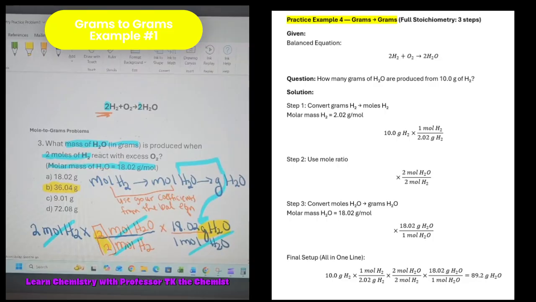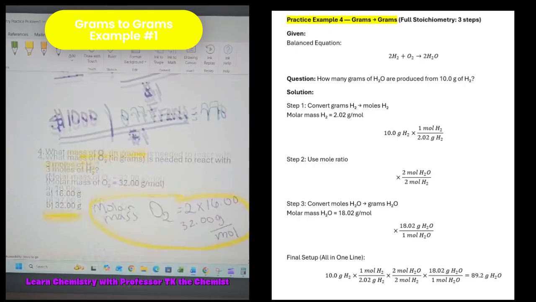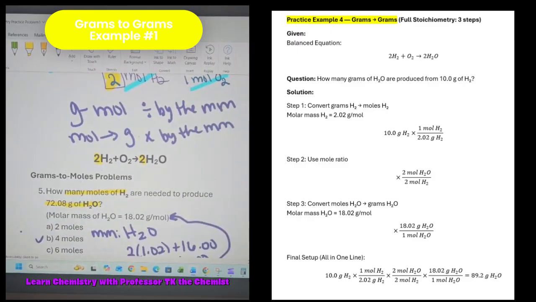Mole to grams, 2 steps. Grams to moles, still 2 steps. It's just the reverse of what I just said a second ago.